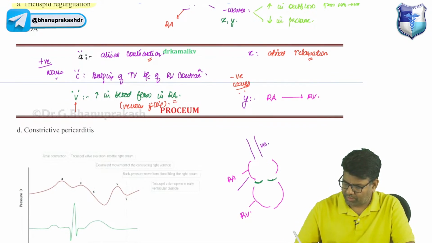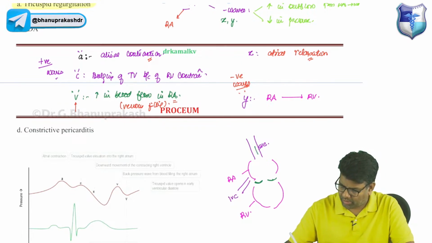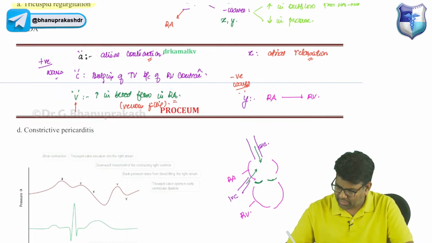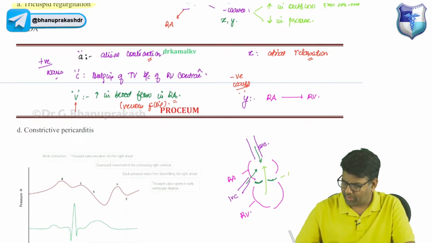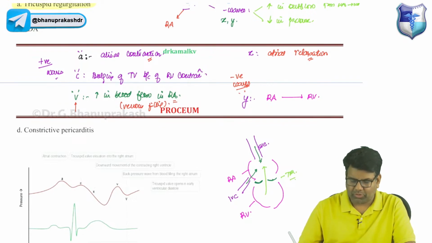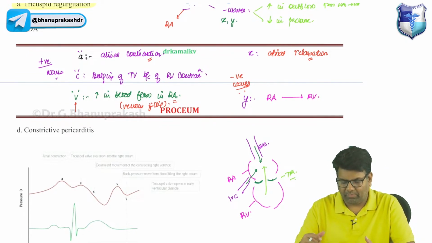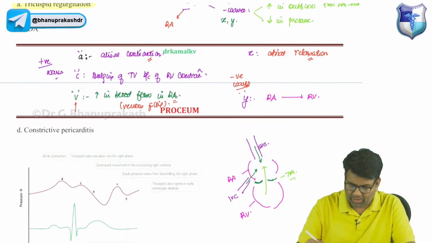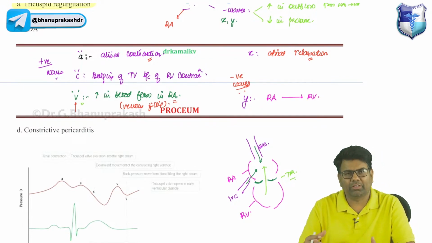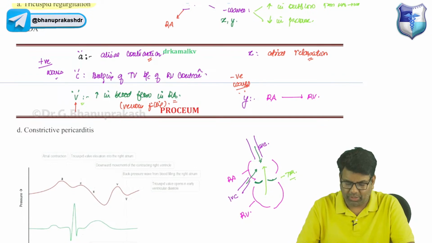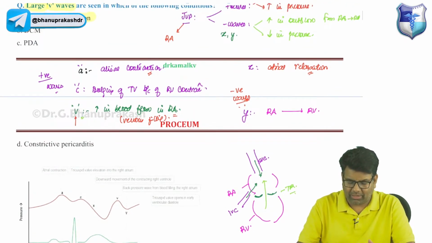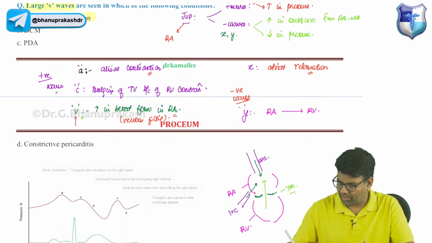So this blood is already coming into the cavity of the right atrium, but there is an additional amount of blood which is coming from the right ventricle because of tricuspid regurgitation. So the amount of blood within the cavity of the right atrium is more, and therefore, in simpler words, if the venous filling is more, the V wave is going to be more prominent. So larger V waves, tricuspid regurgitation.